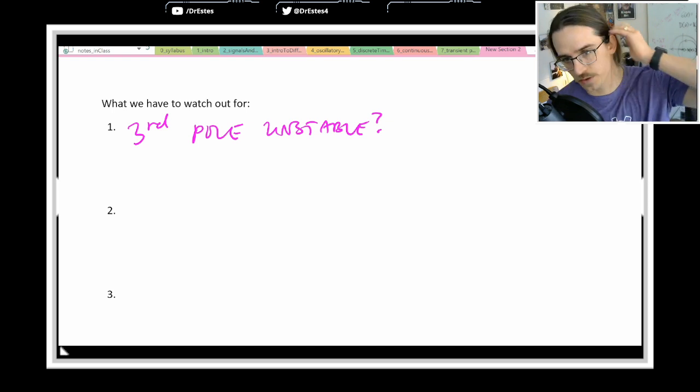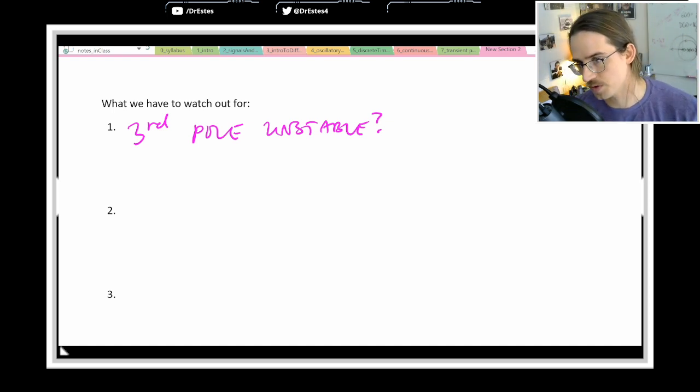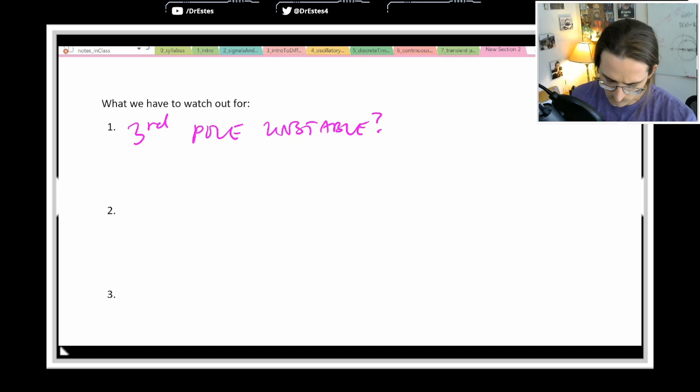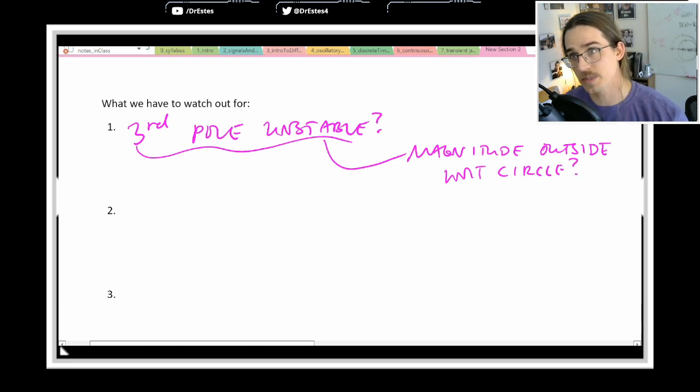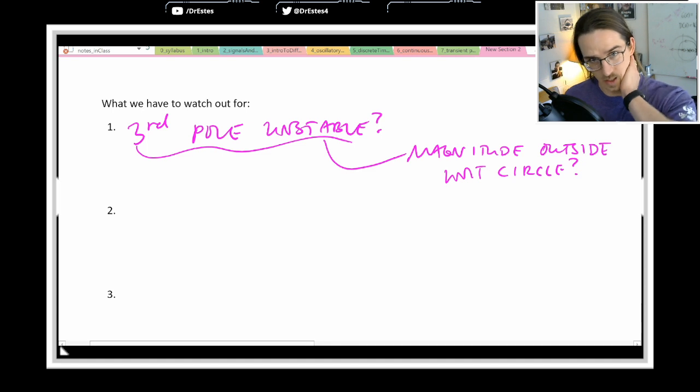If the magnitude of the root is outside of the unit circle, then it's unstable. So, unstable means magnitude outside unit circle. If that's the case, the whole system is unstable. If you have one unstable pole, everything's unstable.